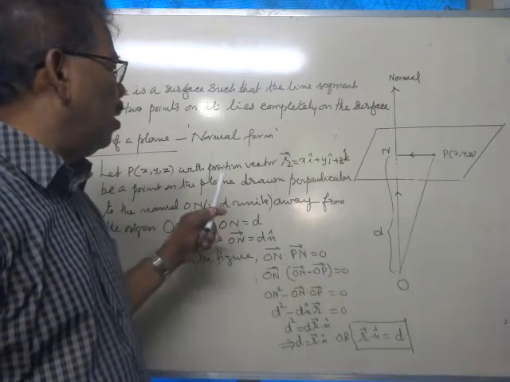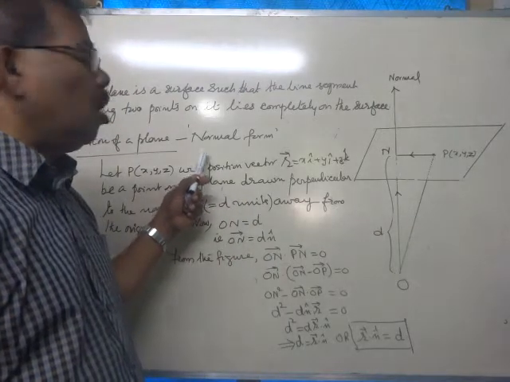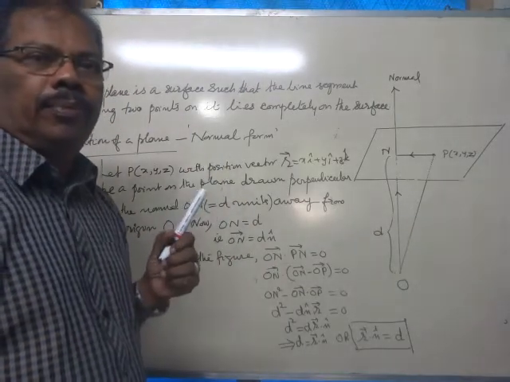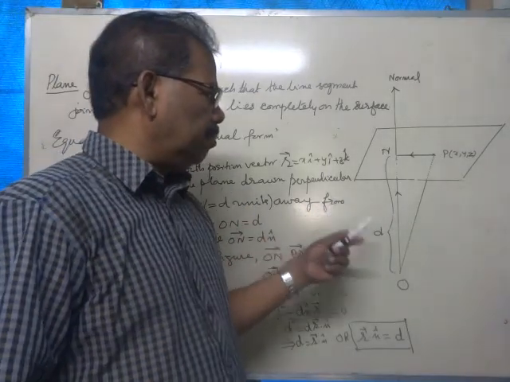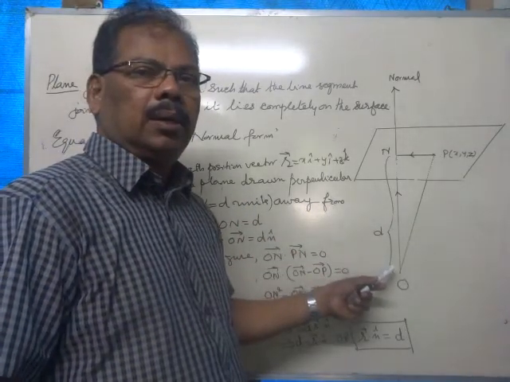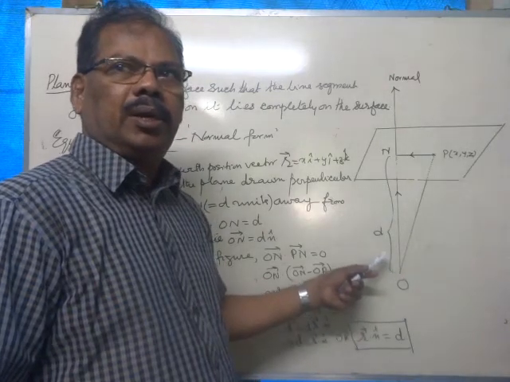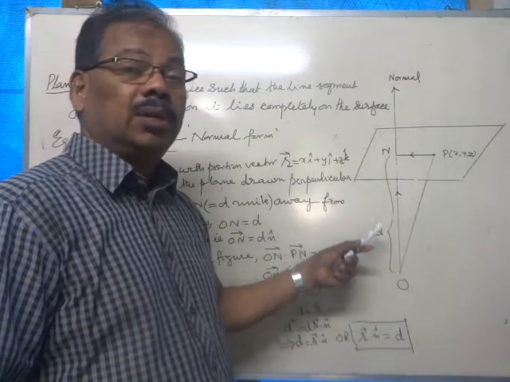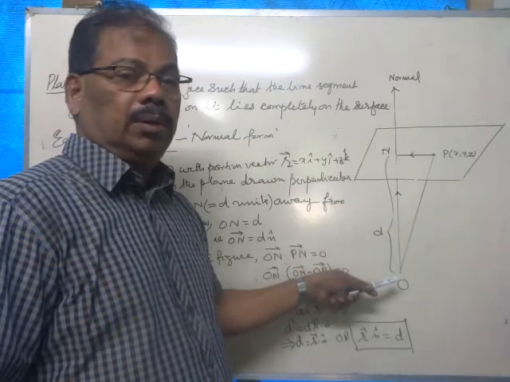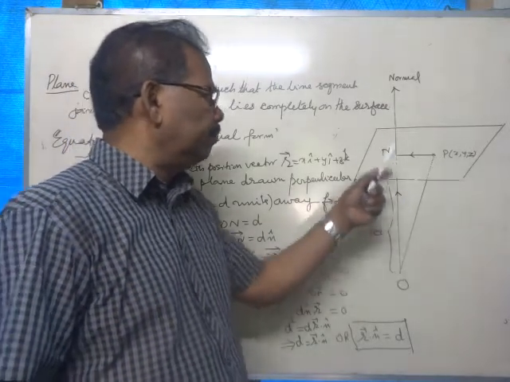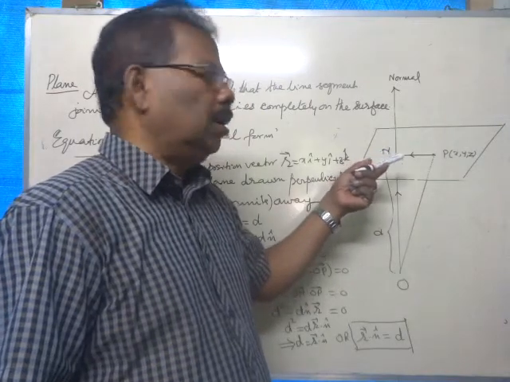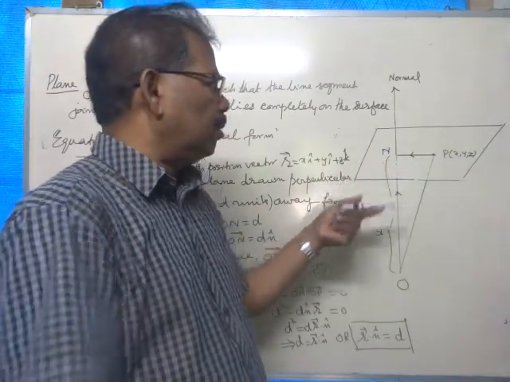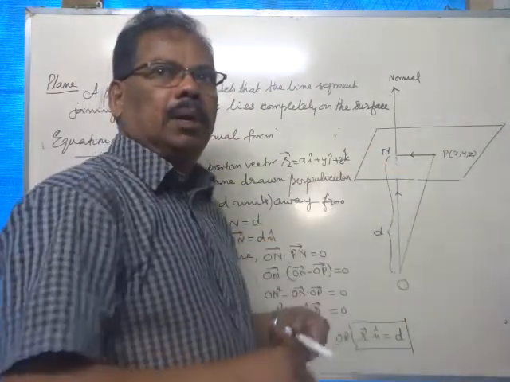First, namely normal form. In that case, a plane is considered at a perpendicular distance d from the origin, as in this figure, this parallelogram, which is a plane surface.